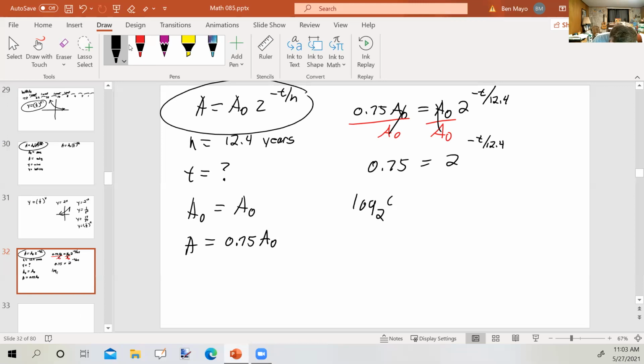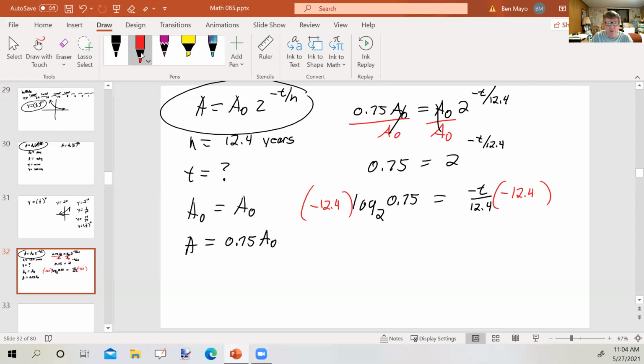Log base 2 of 0.75 equals negative t over 12.4. I need to get rid of the negative sign in front of the t, and I need to get rid of the 12.4. So I'm going to multiply both sides of this equation by negative 12.4. The negative will get rid of the negative in front of the t, and the 12.4 will clear the fraction on the right side.